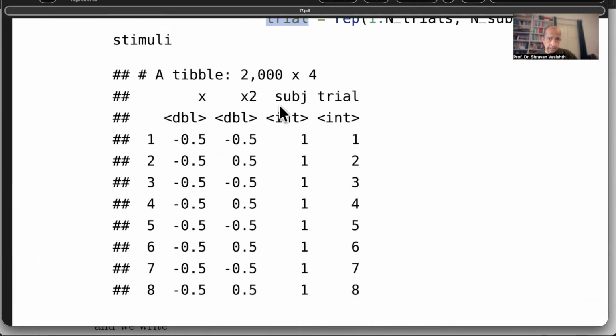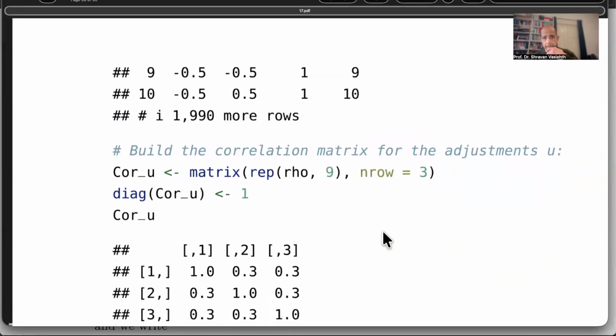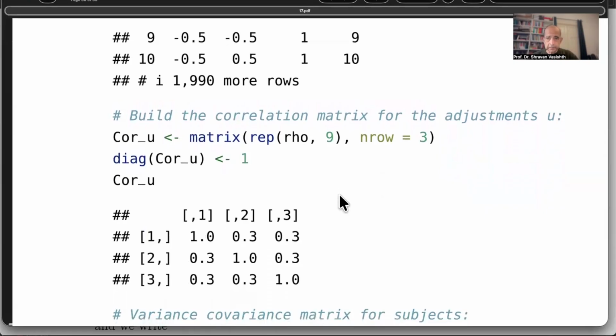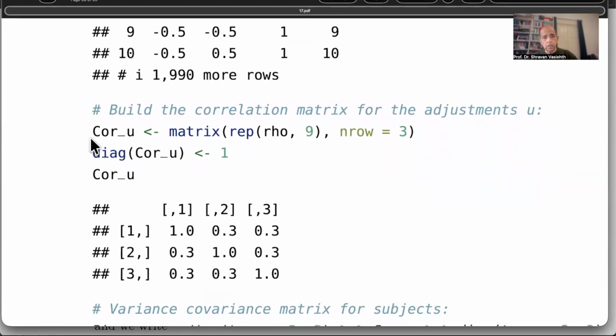So there's X2, subject and trial, and you can build the correlation matrix now for the adjustments in the matrix U. We first create a correlation matrix with 0.3 in all the off diagonals, and there will be a 1 everywhere along the diagonal.